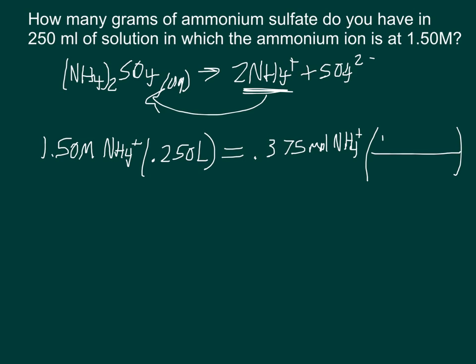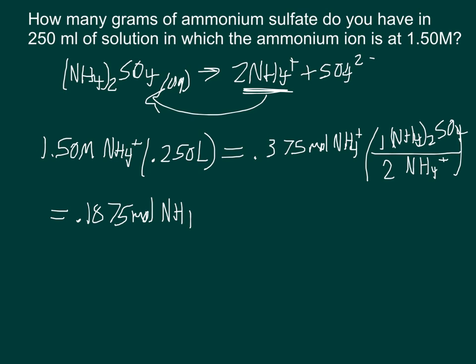So we have 1 (NH4)2SO4, and for that there's 2 NH4 plus. Okay, so now out of that we get that it is 0.1875 moles of ammonium sulfate.